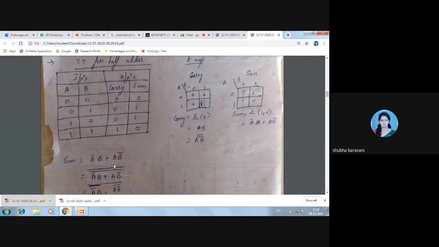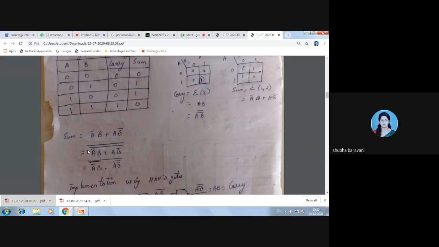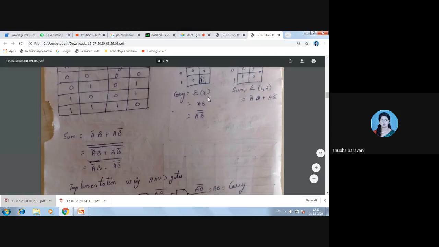Okay, now we go on simplifying and we get A bar B bar dot AB bar, whole bar. Now this is the form in which I can implement the half adder using NAND gates.